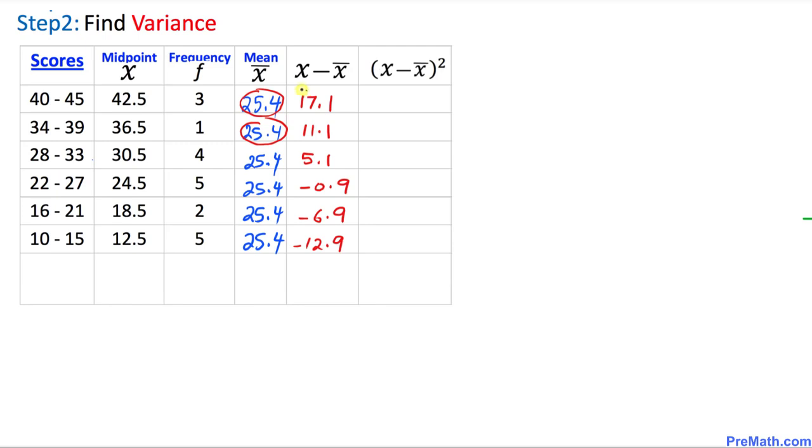And finally, in this next column, we are going to square these values that we figured out in our previous column.